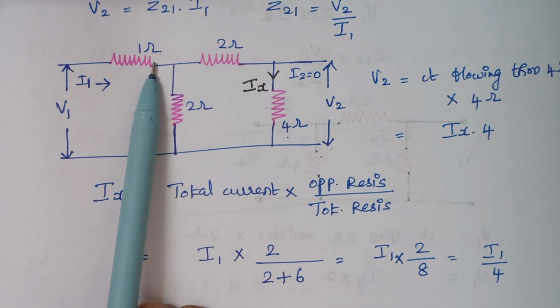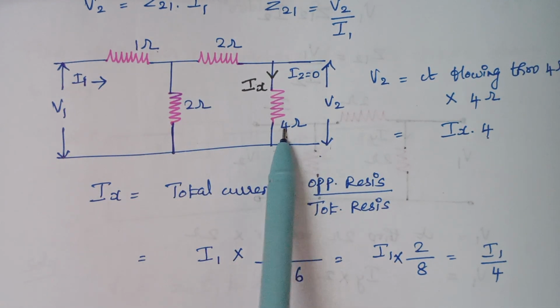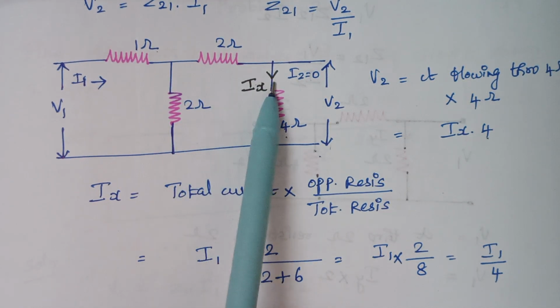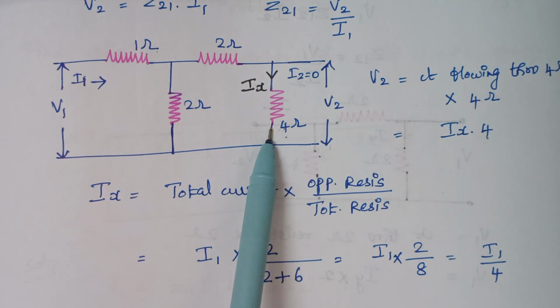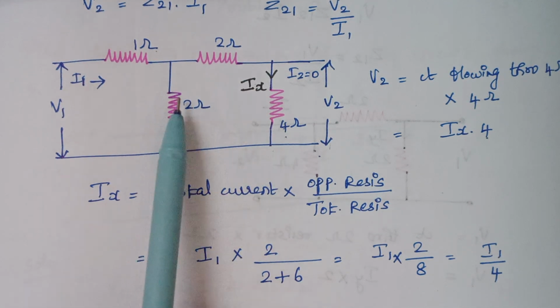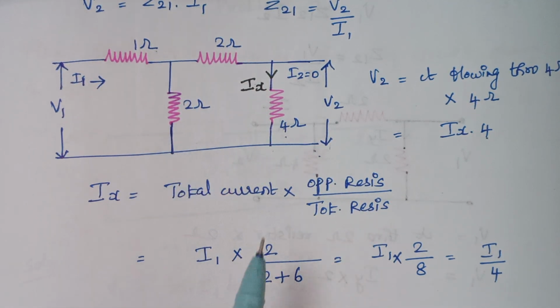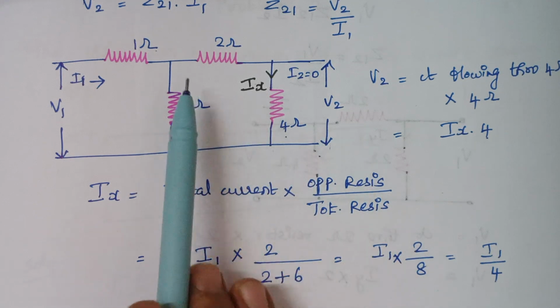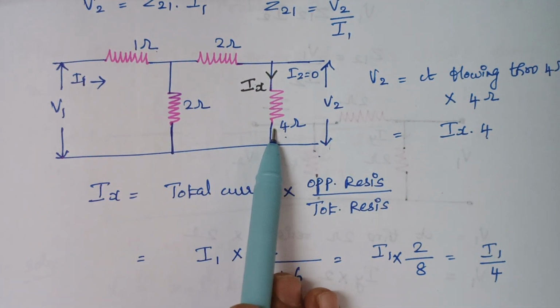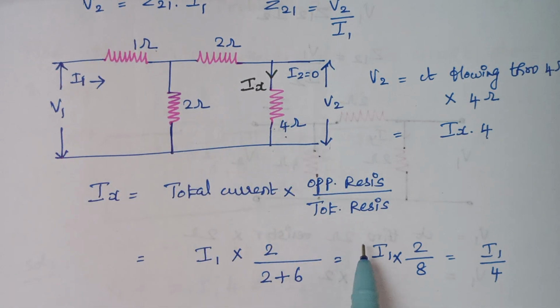The opposite resistance to this 4 ohm is taken as 2 because these two come in series connection. Am I making it clear? These two become series. So the resistor which is opposite to this 4 ohm is this 2 ohm. Therefore, the opposite resistance is 2 divided by the total resistance, which is 2 plus 4, that is 6, and again 6 plus 2 is 8.